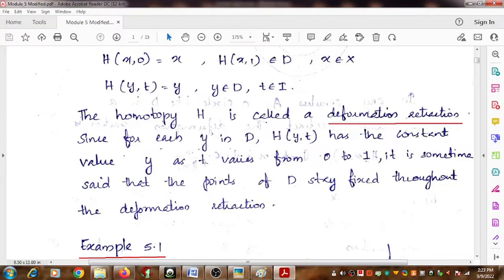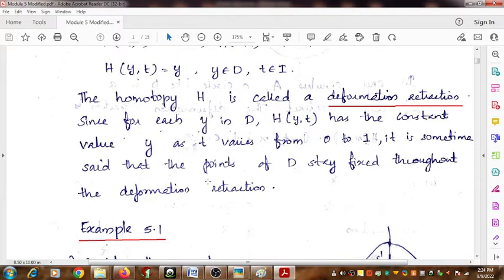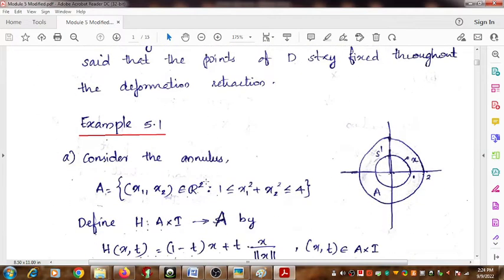The variation of t in the interval [0, 1] will not affect the value of H(y, t) whenever y belongs to the subspace D. So we say that H fixes the points of D. Also we can say that D stays fixed throughout the deformation retraction.